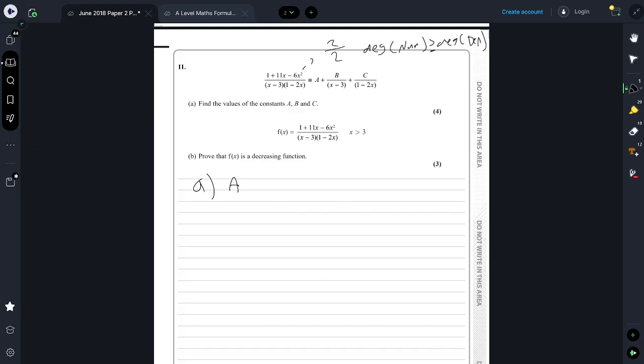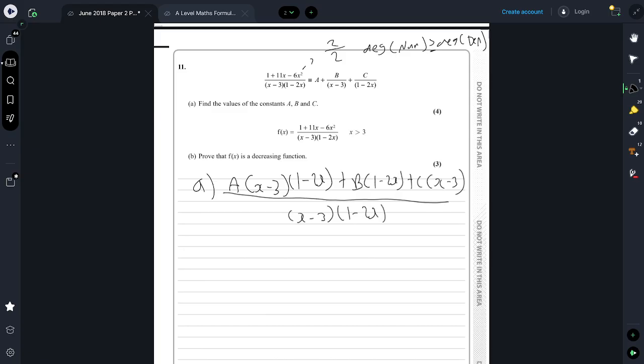I need a common denominator, so we need to times a by both the factors here, and likewise plus b, which we just need to times by 1 minus 2x, plus c, x minus 3, all over x minus 3, 1 minus 2x. Notice this is now one fraction.